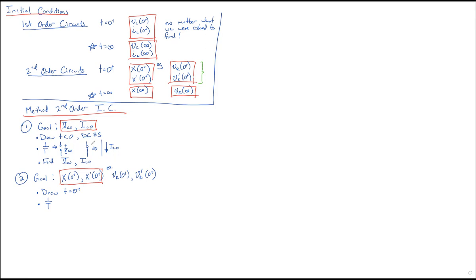And since the voltage across the capacitor cannot change instantaneously, you know exactly what that voltage has to be at time equals 0 plus. And since you know what that voltage has to be, the capacitor now looks like a voltage source, a value VC naught. Similarly, that inductor looks like a known current source, a value I L naught.